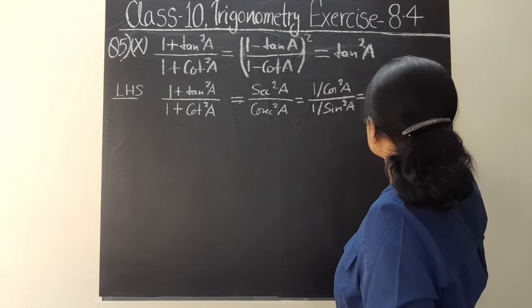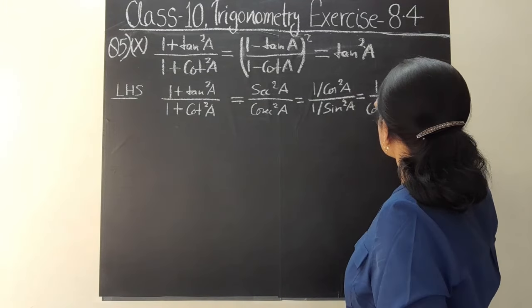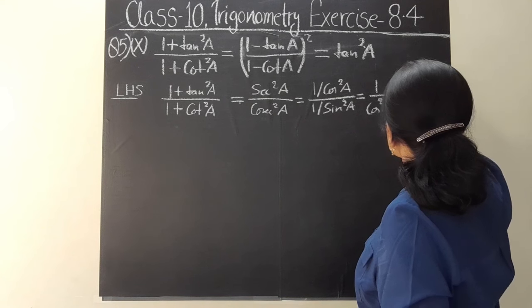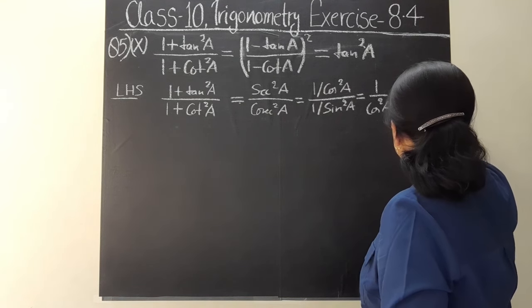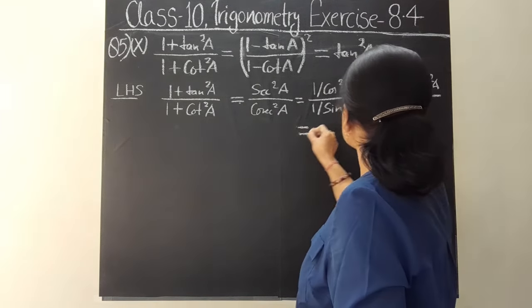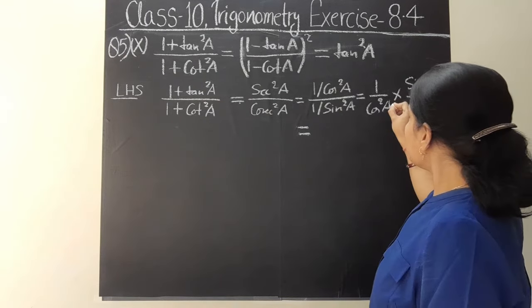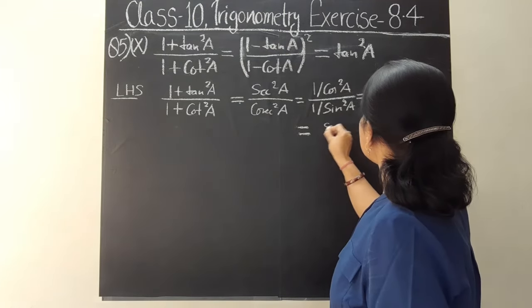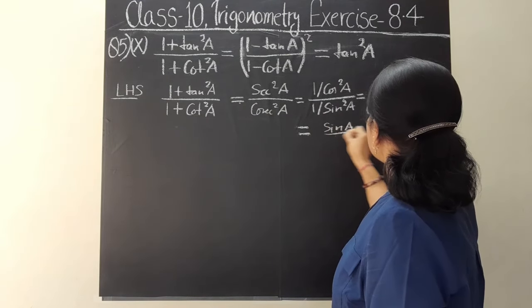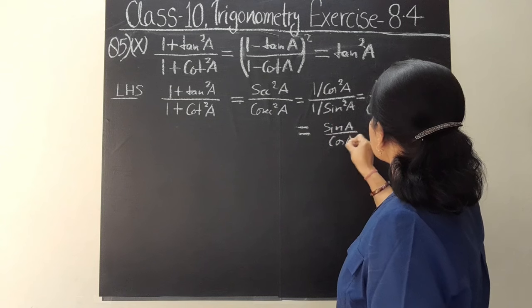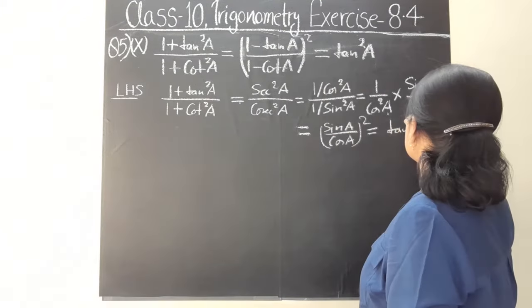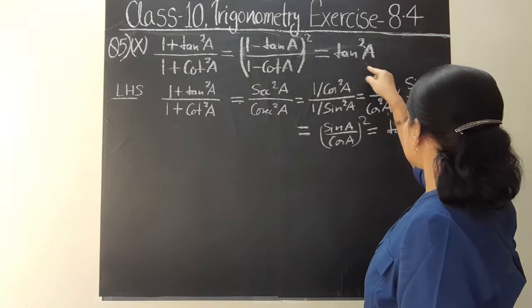So we can write 1 by cos square a into sin square a divided by 1. So this will be sin square a divided by cos square a is equal to tan square a. If you want you can write like that sin a divided by cos a whole square. So it will be tan square a. This one is RHS.